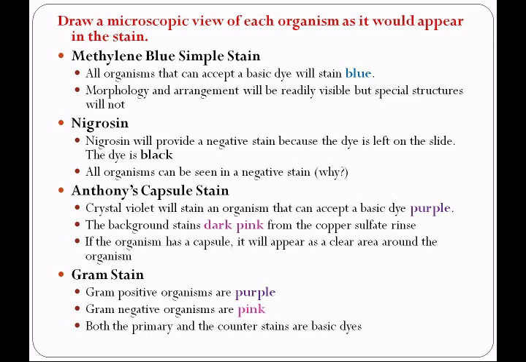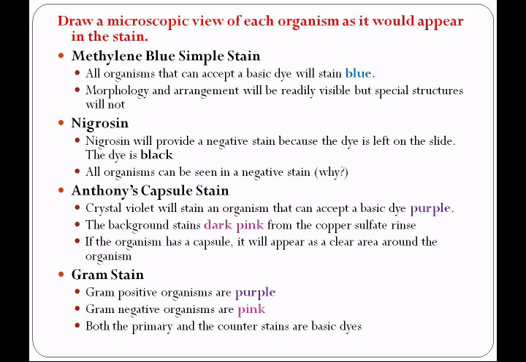The background stains dark pink, and often it's sort of chunky and lumpy looking because of the copper sulfate. If the organism has a capsule, the capsule is not going to accept the basic dye of purple, nor will it allow the copper sulfate to penetrate, and so it will appear as a clear area around the organism.